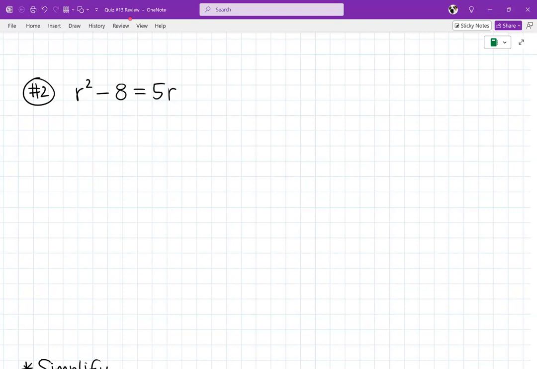So this one is not equal to 0. I have to fix that. Okay, so in order to fix it, I'm going to move this number over to this side. I'm going to move the 5r to the left. Right now it's a positive 5r, so when I move it, it's going to switch signs. So this is r squared minus 5r minus 8 equals 0.